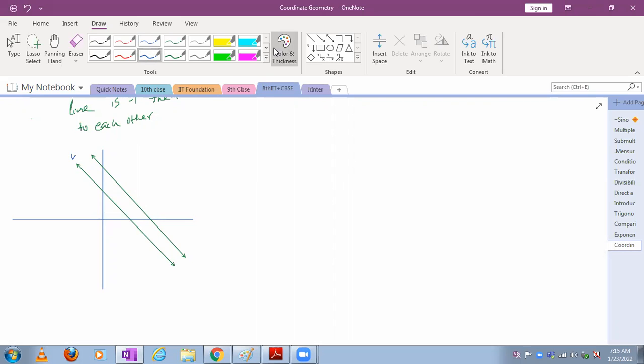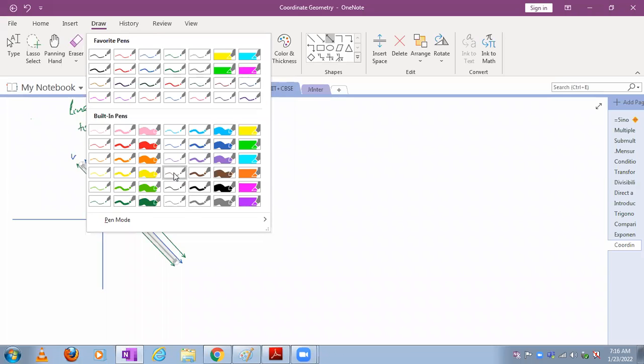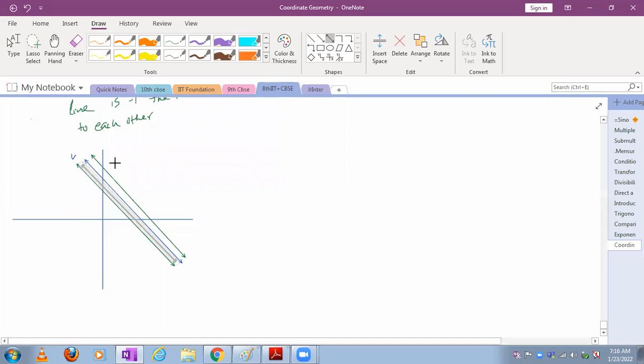I will bring this line closer. There is another parallel line, and I can bring another line closer here. Another parallel line will be like that, another line parallel to it, another line parallel to it.